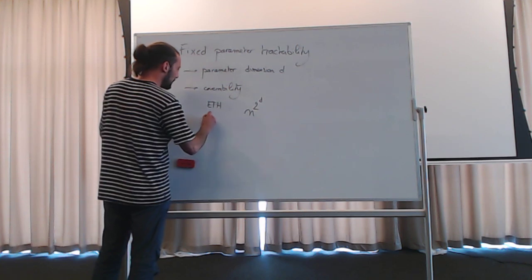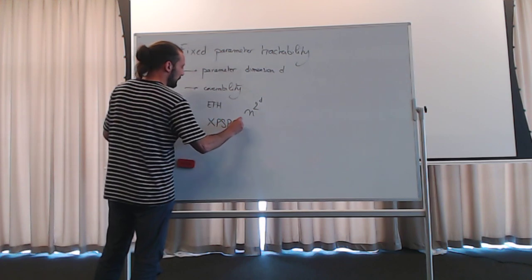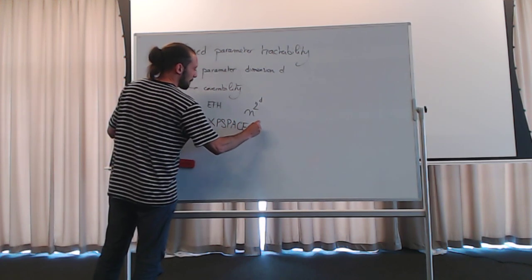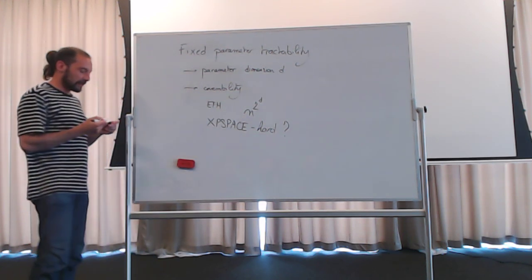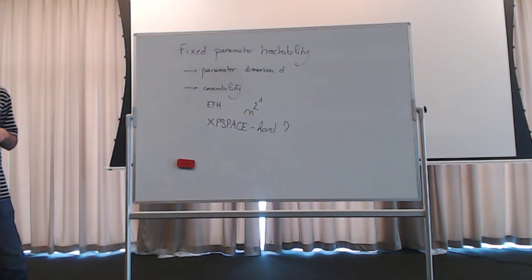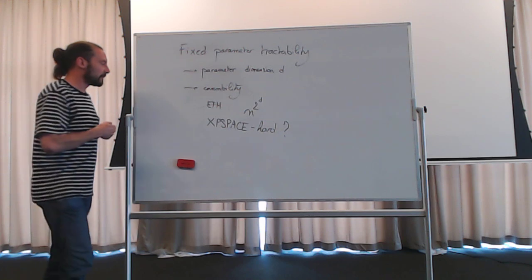So my question would be very precisely, can you show that coverability parameterized by dimension is XP-space hard? If you don't know, this is an analog of XP.